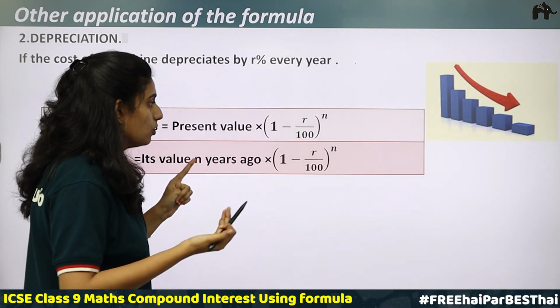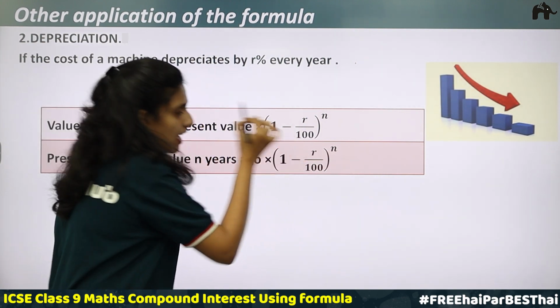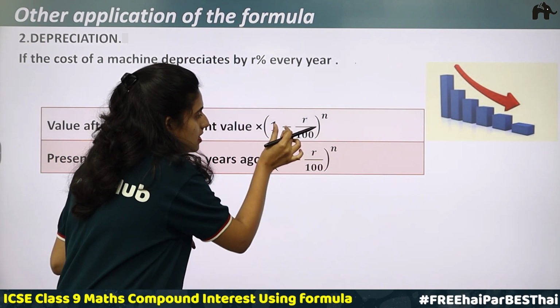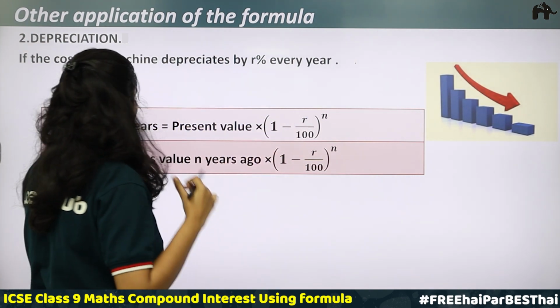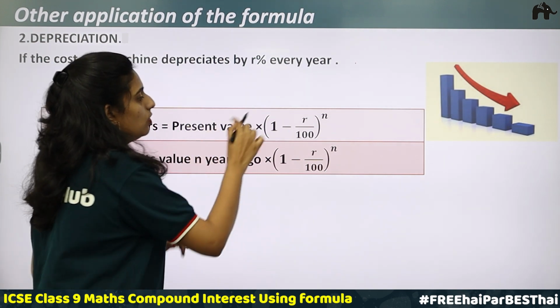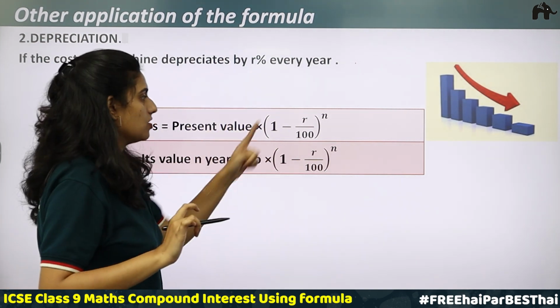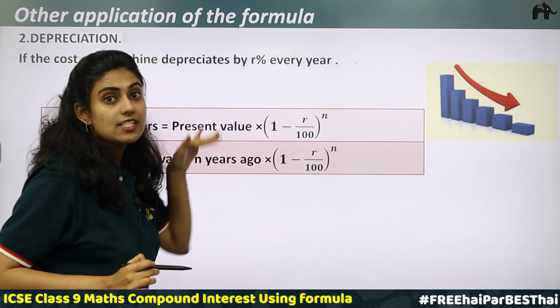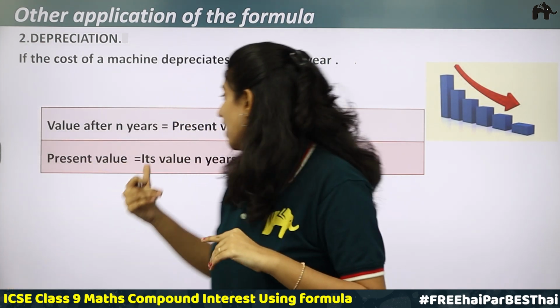In the case of growth, we had a plus sign here. So this is decrease. Since this is decrease, you have to change this positive sign to negative sign. So the value after n years will be equal to present value, current value into 1 minus R by 100 whole raised to n. The only change is the positive should change to negative when it is a decrease. Okay, then the present value can be determined.